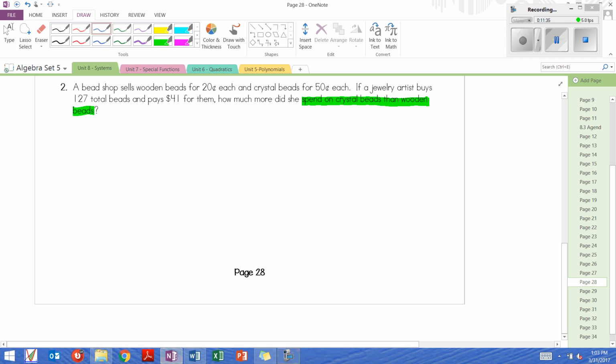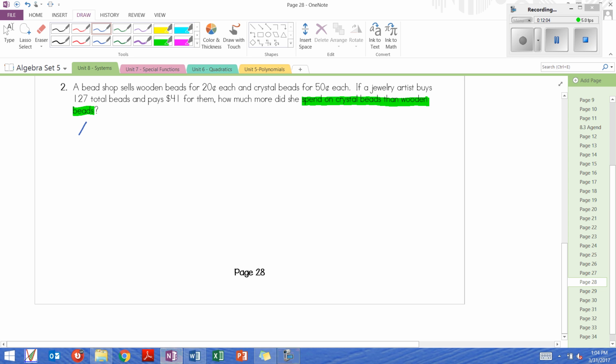So we need to think to ourselves, okay, do we know how much crystal beads are and how much wooden beads are? And the answer is actually yes. But the problem is we don't know how many wooden beads were bought and how many crystal beads were bought. So that is where we will get our let statements from.